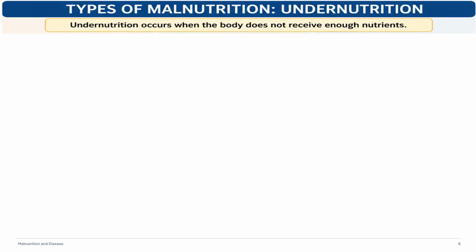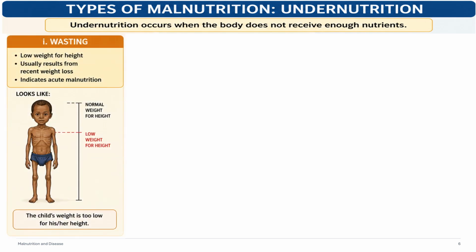Taking the first category, which is undernutrition. Undernutrition occurs when the body does not receive adequate amounts of nutrients. It generally presents in three major forms. The first category is called wasting. Wasting is a type of undernutrition which is generally referred to as low weight for height.